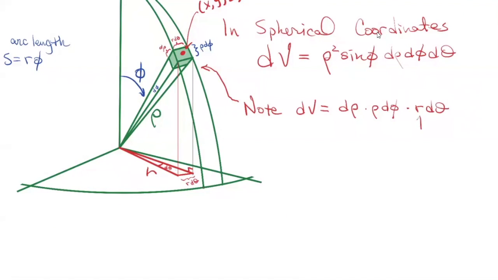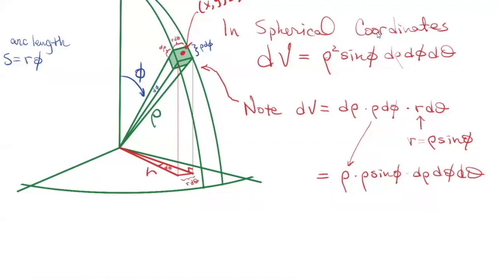And then you go back and remind yourself that r is rho sine phi, back in the original transform rules that we were talking about. So this is rho times r, that's rho sine phi, and then we would have d rho, d phi, and d theta.